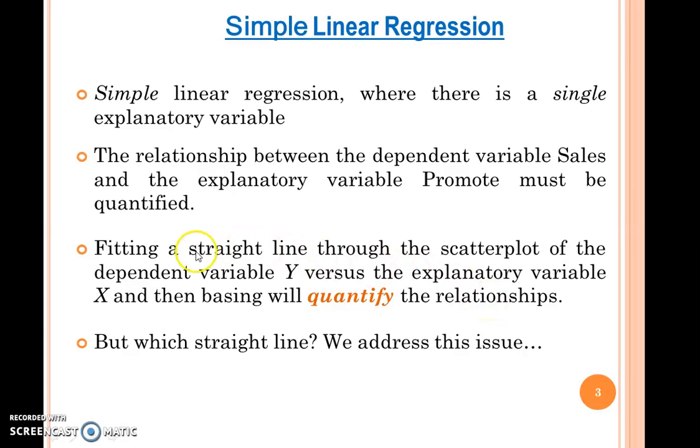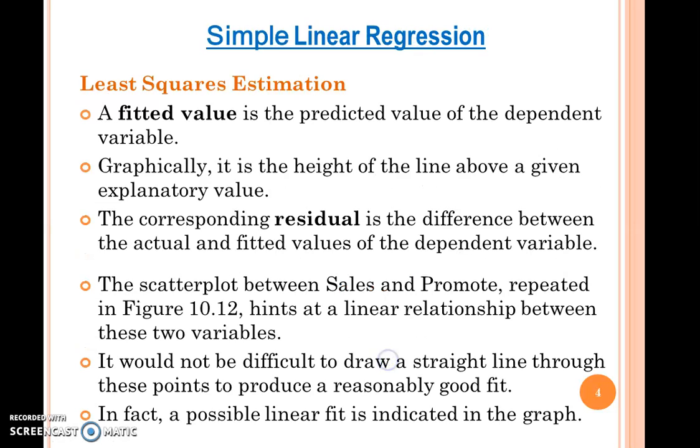Here we have fitted lines in the scatter plot that try to quantify the relationship between two variables like x and y, but there are a number of straight lines. So we should identify which straight line is the best, and that must be identified.